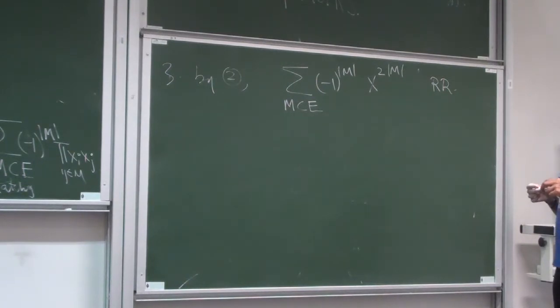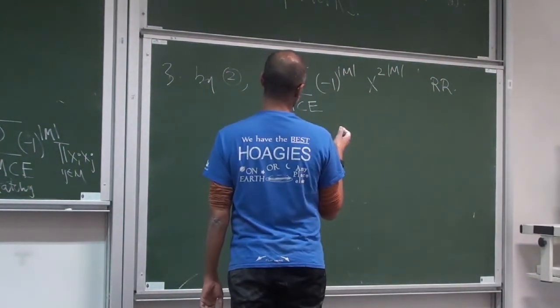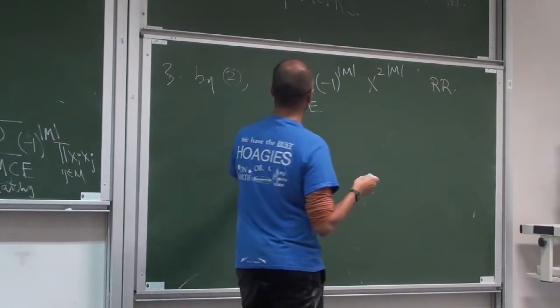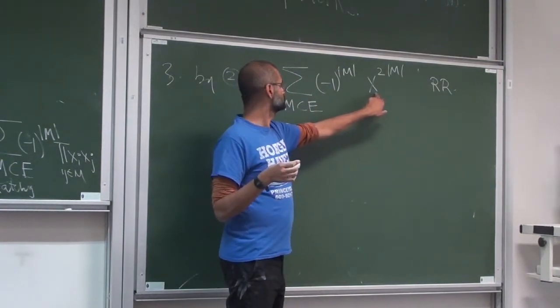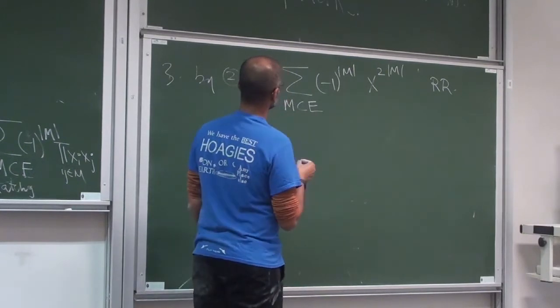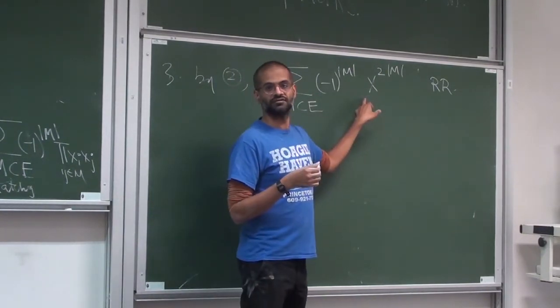It's not quite what I want, but it's actually almost there. Maybe the next thing to observe is that this is a polynomial in x squared. Well, it's actually a polynomial in minus x squared.